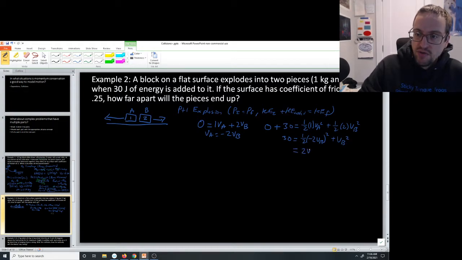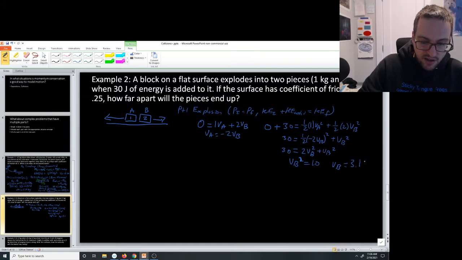This comes out to be 2 VB squared plus VB squared equals 30. VB squared equals 10, which means that VB equals 3.16. We can plug that right back into here, which means that VA is going to equal negative 6.26.